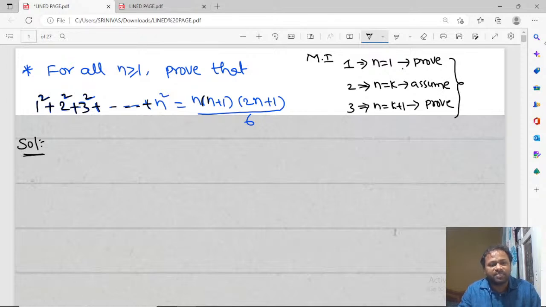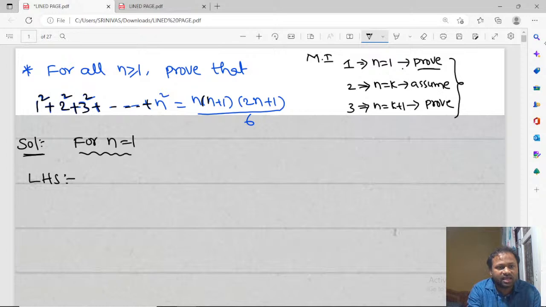See our problem. First, for n is equal to 1, I need to prove. Okay, take LHS. In LHS, the first term will be 1 only. N is equal to 1, you take 1 square is equal to 1. What will be RHS?